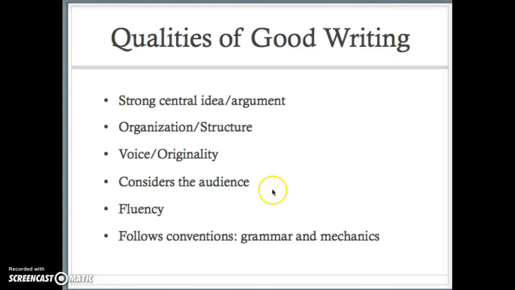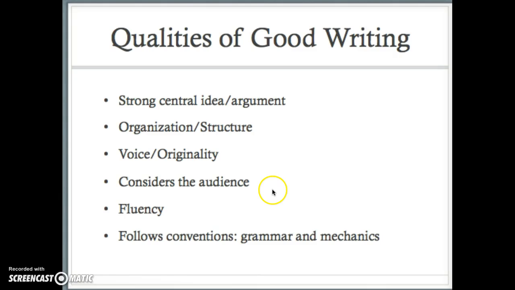And you should be writing for an academic audience. So your audience isn't the same as an audience who reads the newspaper. I want more insight, more interpretation. Can you look at the text at a deeper level?